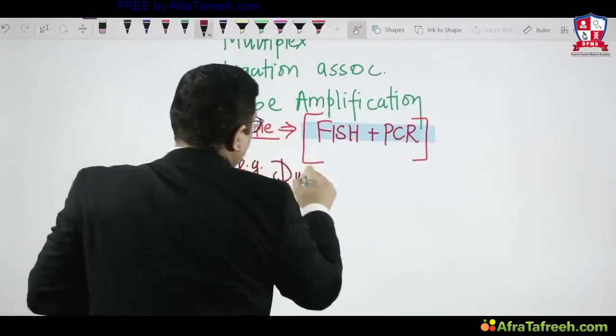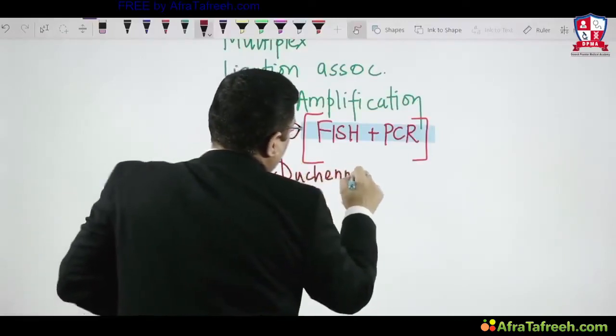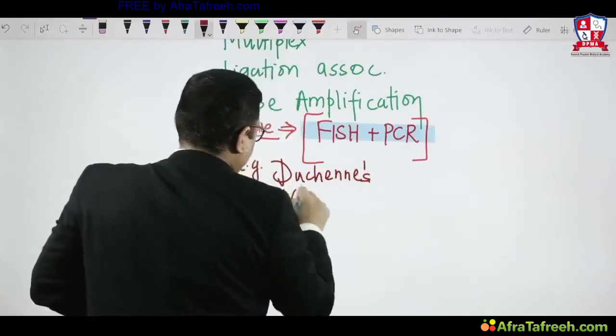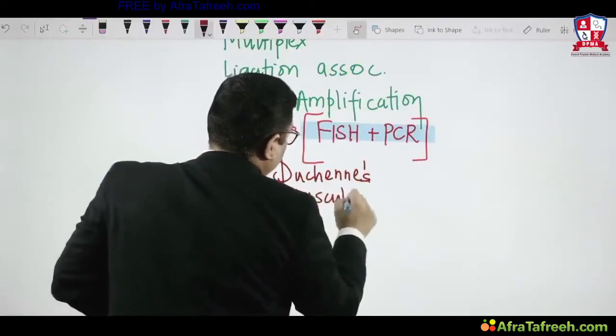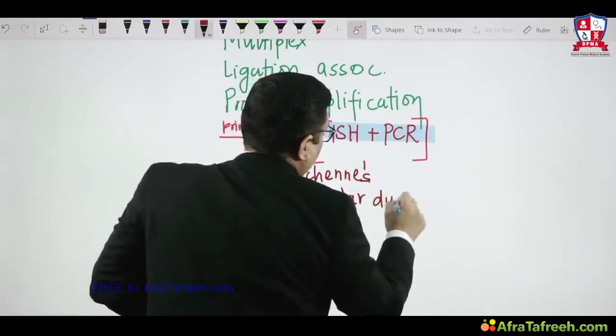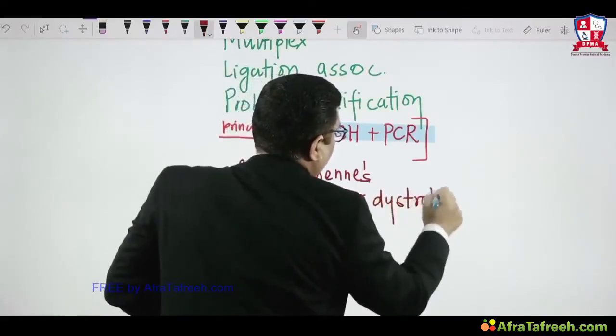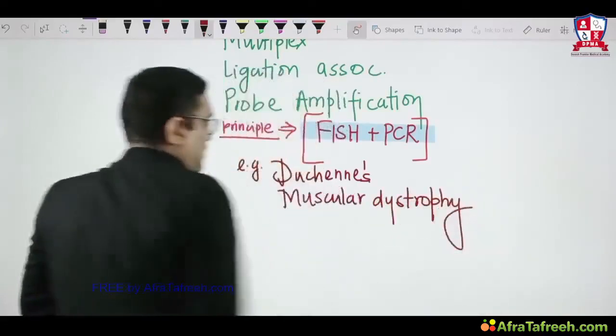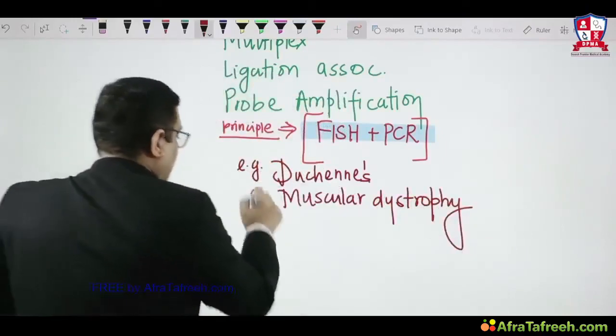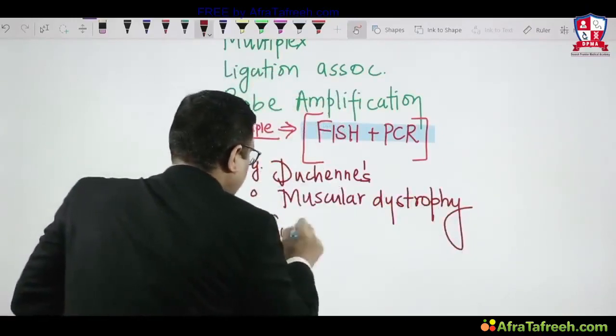For MLPA, there are two examples I want to give you. Number one is Duchenne's muscular dystrophy, and the second disorder is cystic fibrosis.